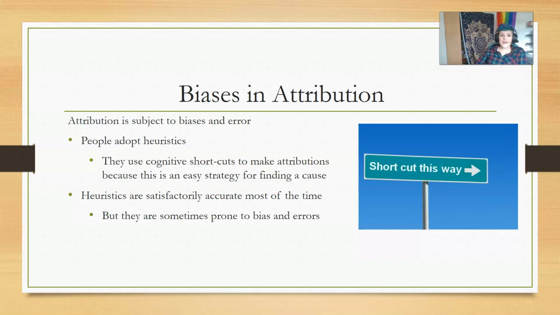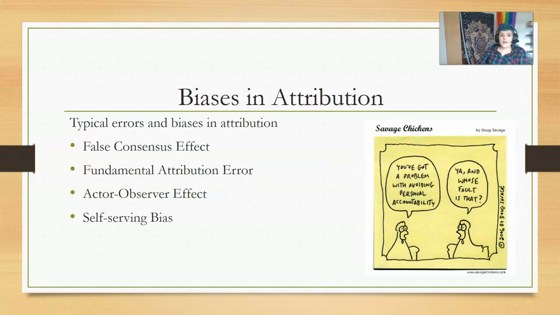They're satisfactorily accurate most of the time, but they are prone to biases and errors. These are the 4 typical errors and biases in attribution: the false consensus effect, the fundamental attribution error, the actor-observer effect, and the self-serving bias. So let's go through these one at a time.